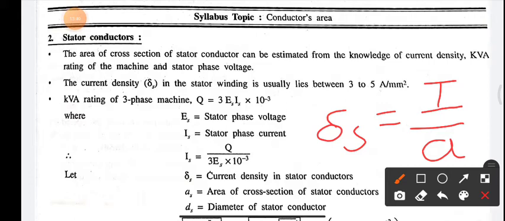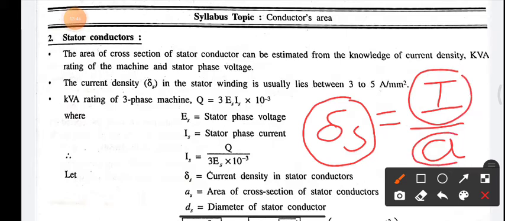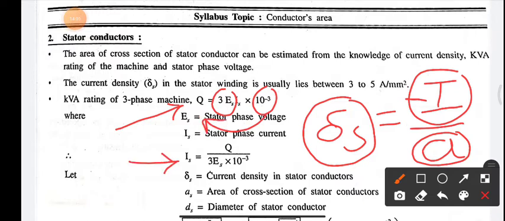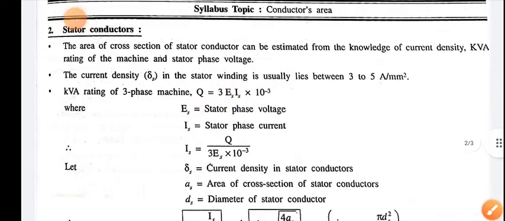So for finding delta S, that is current density, we will require I as well as the cross sectional area. I is taken from the equation of kVA rating of a three-phase machine, right? So we will take all these things on the other side, and we will get this equation: IS is equal to Q upon 3 ES into 10 raised to the power minus 3, right?